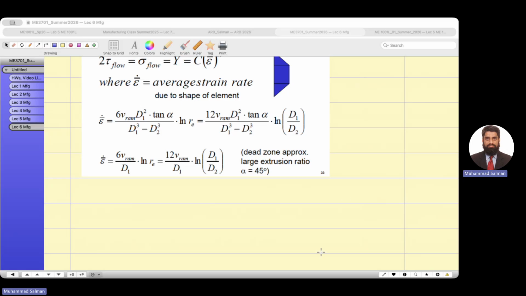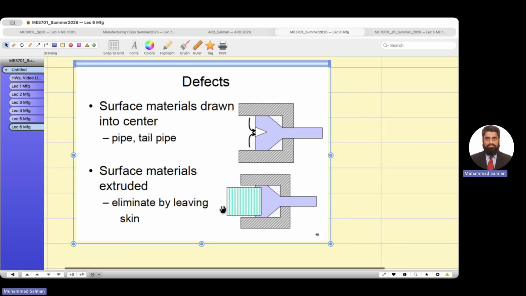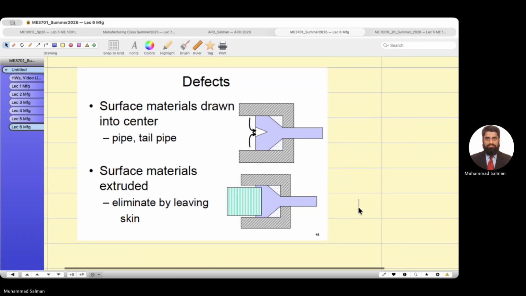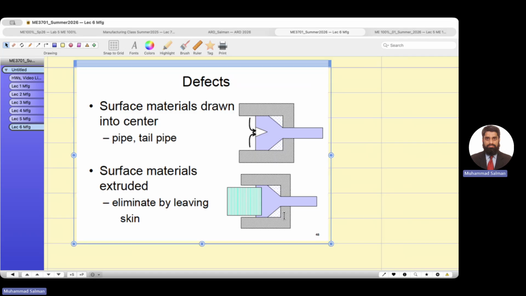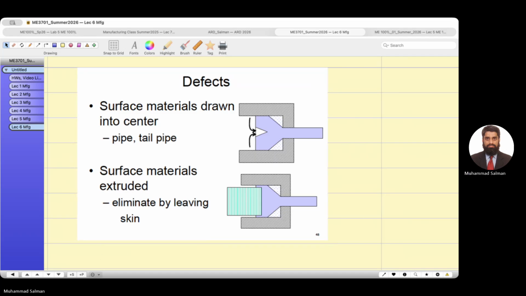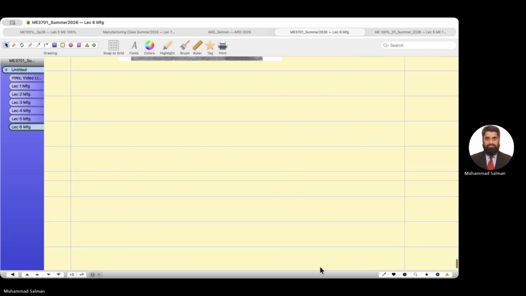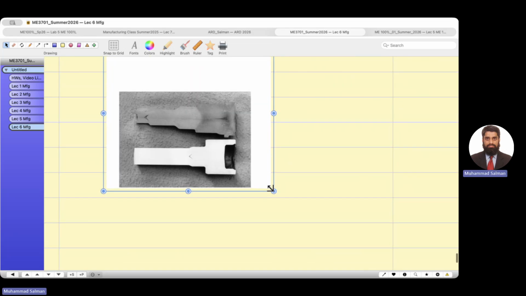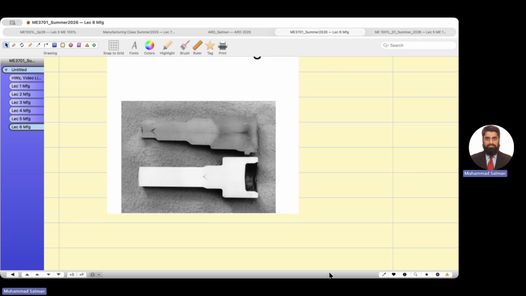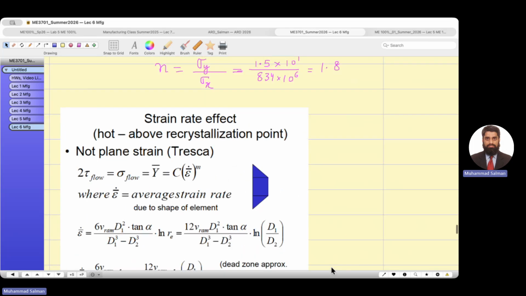We call this the piping effect, like it makes a triangle, a little bit of cavity inside the extrusion material due to certain defects. We call this small cavity chevron cracking. This is just theoretical knowledge, but the analytical knowledge is already explained to you.